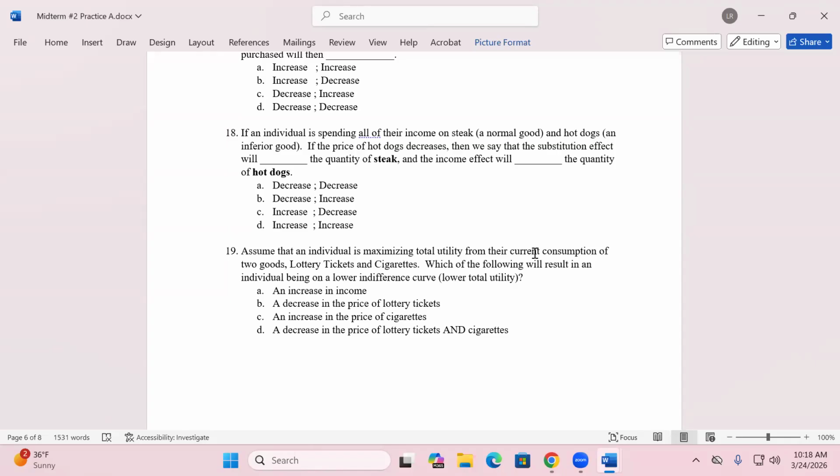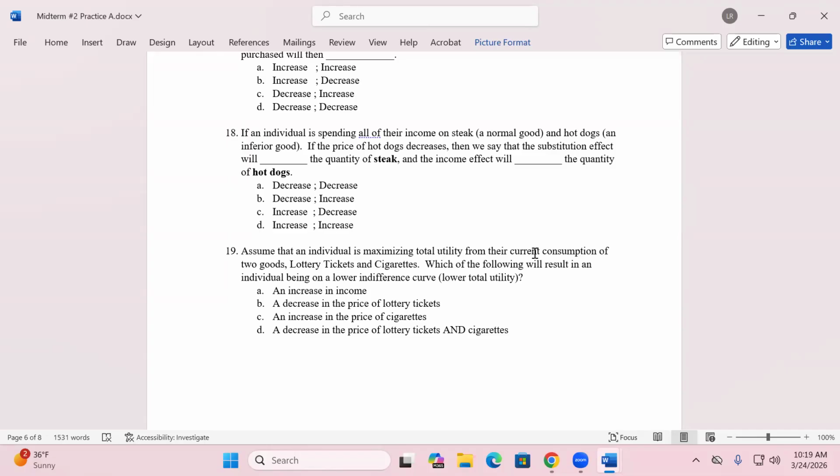If I have an increase in income, what's going to happen? So if I'm currently here, if I have an increase in income, what's that going to do to my budget constraint? Shift it out. Doesn't matter which of these goods I put in which axis, it's still going to shift it out. I can get to a higher indifference curve. Okay.